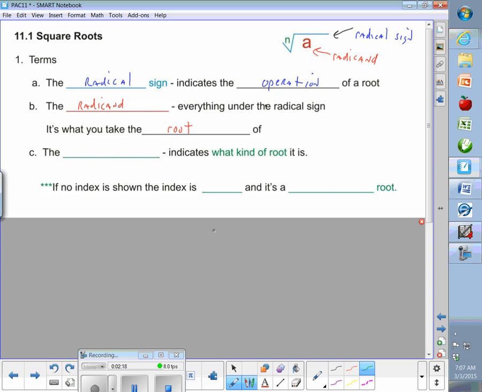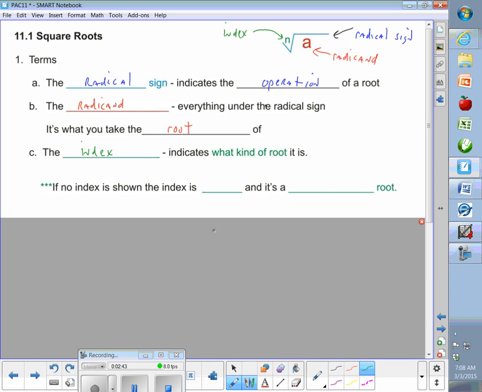Now, there's also one other aspect to radicals, and that's if there's a number in the little crevice. Now we're using a variable to represent any possible number, but the number that would go in the crevice is called the index. So let's come back down here to C and write in index.